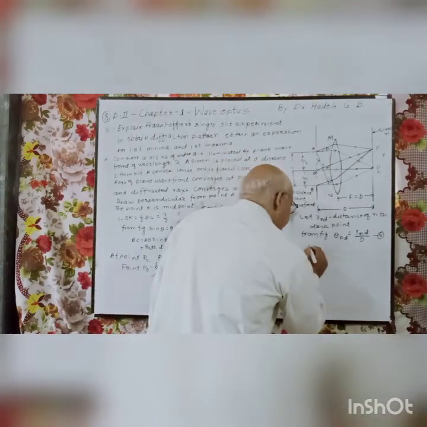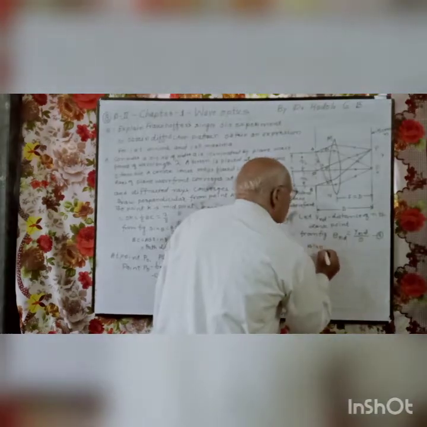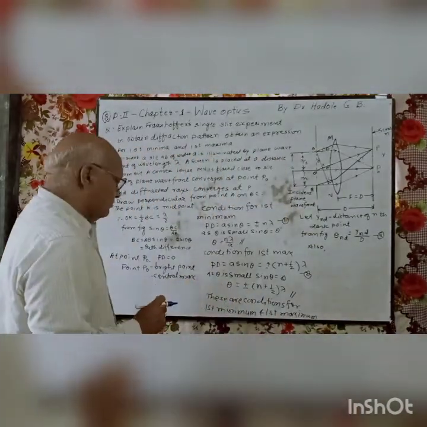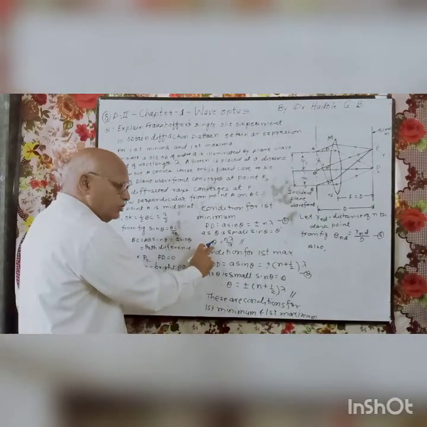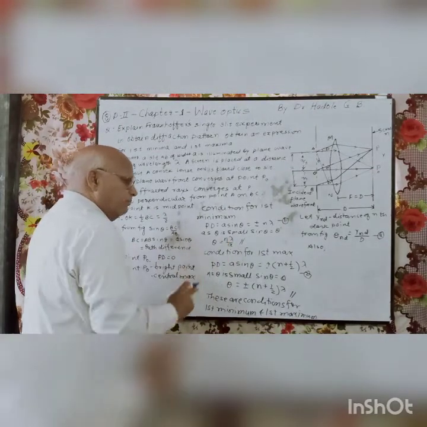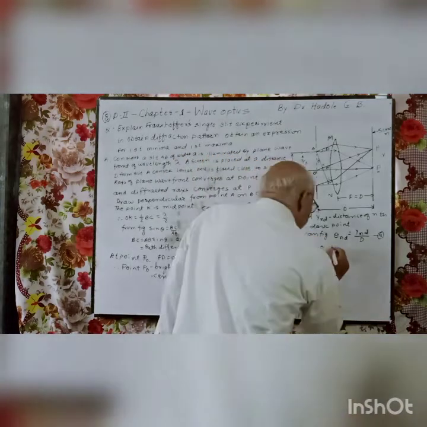Also, for first minimum, we have this condition theta equals n lambda upon a. We have theta_nd equal to n lambda upon a.